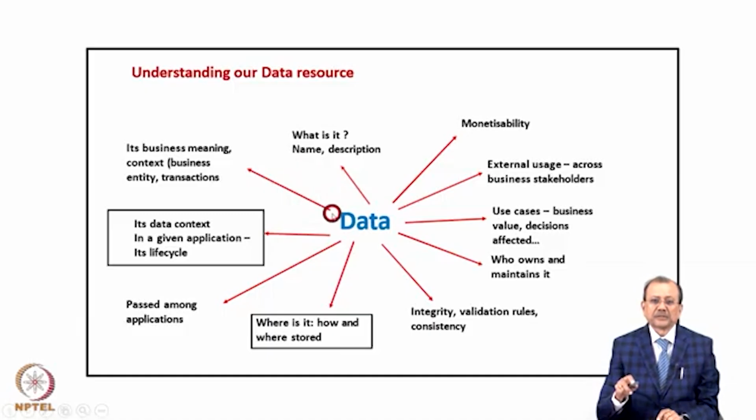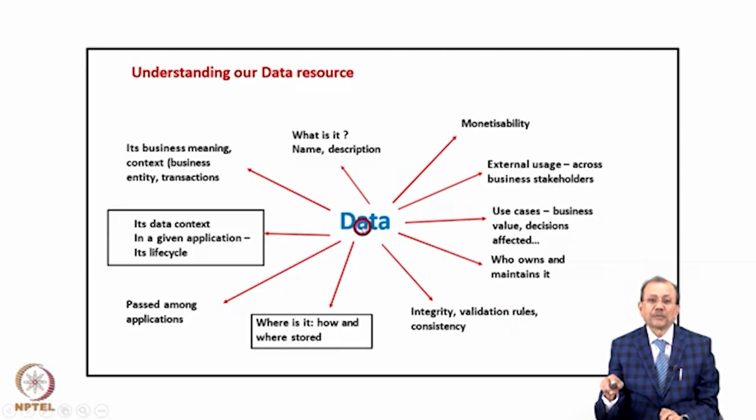Suppose there is a figure called 1009. 1009 can be a figure of sales, of inventory, or of how many kilometers a vehicle has traveled. The number does not matter. What matters is the name, the characteristic, the description. So to know the data, we should know all these details.